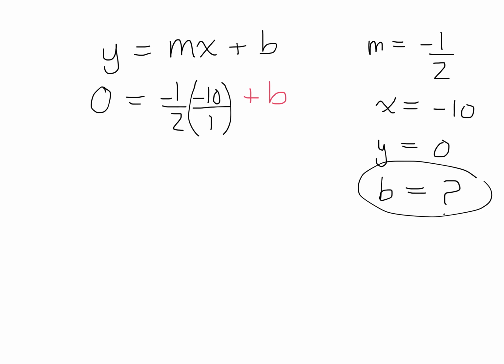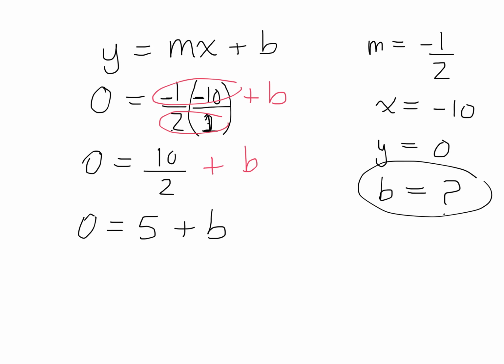Okay, so let's solve this now. 0 equals, what's negative 1 times negative 10? Positive 10. 2 times 1. Okay, remember how to multiply fractions? You multiply the numerators, then you multiply the denominators. Plus b. What's 10 divided by 2? 5.